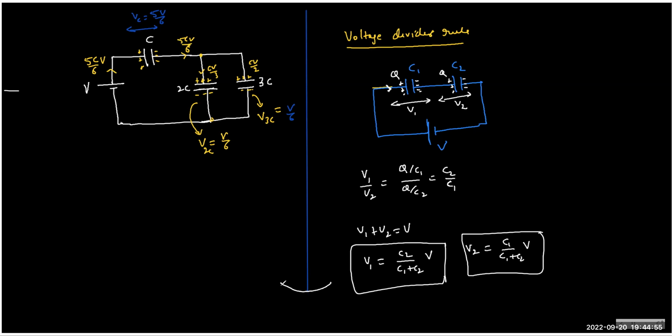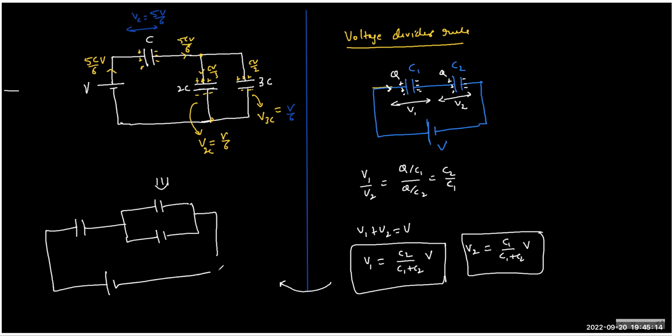So let's go back to this question again and try to solve it with this rule. Anytime I can redraw the circuit. So I can redraw the circuit as this. Do you realize this? It's the same circuit.